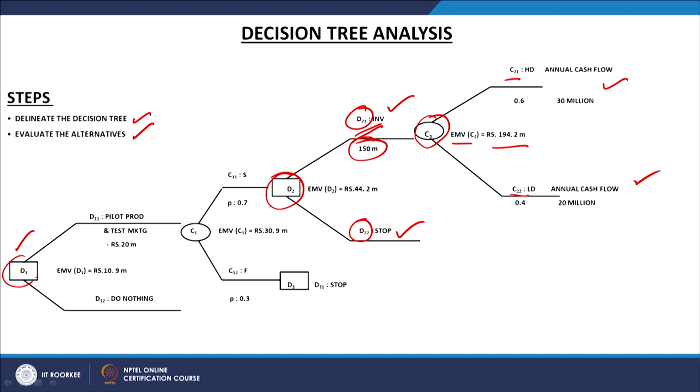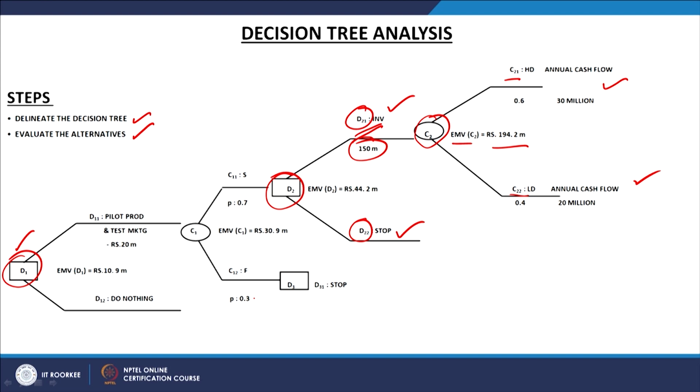We first started with D1, and then we said that pilot production and test marketing requires 20 million rupees, and do nothing means no investment is required if you do not want to even test the product in the market. Now, if we go for this, the chance of success, S, is 70%, and the chance of failure, F, is the remainder.